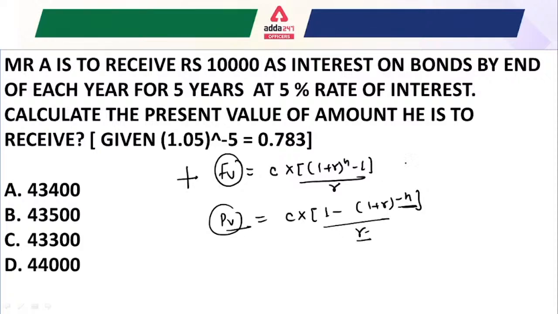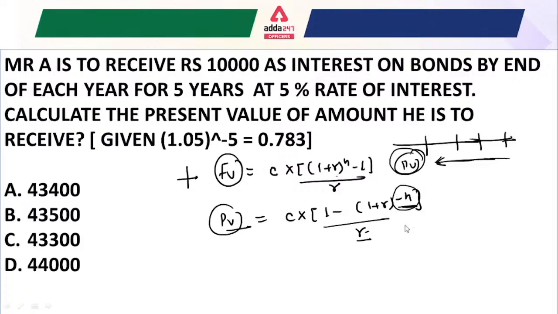Because we are calculating the present value of the future cash inflow. Whatever we are getting in the future, we calculate the present value of that. That means we are moving from the future towards the present, the opposite direction. That's why we use the term minus n.